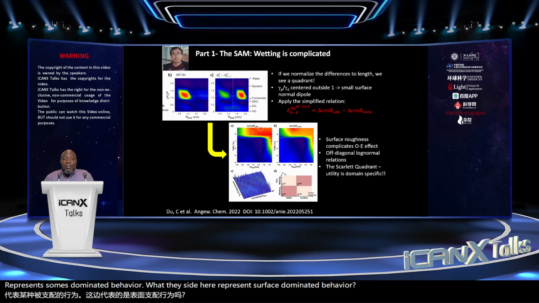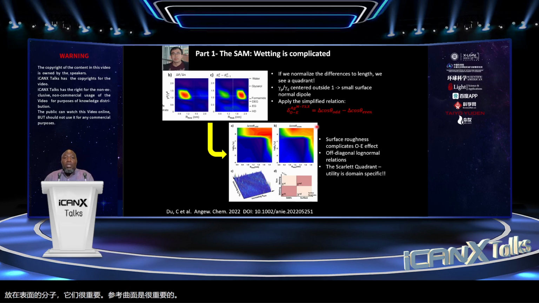The other thing we observe is that with gold, our transition point was about 1 nanometer. With silver, we see our transition point coming at about 1.5. So the orientation of the substrates is important. The molecules you're putting on the surface are important. The roughness of the surface is important.